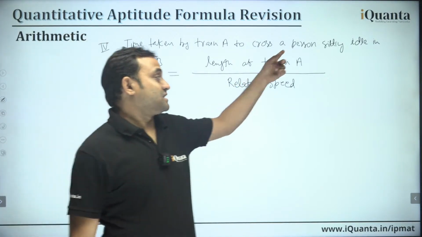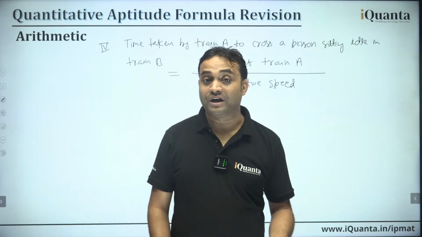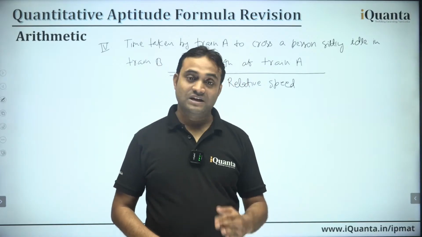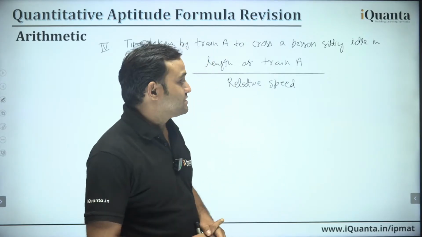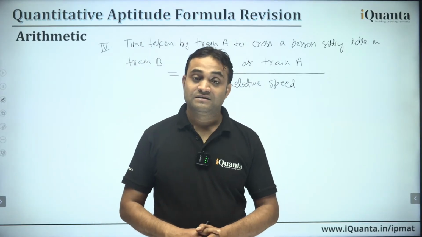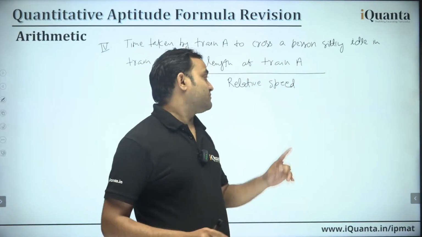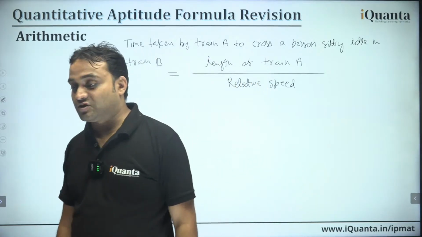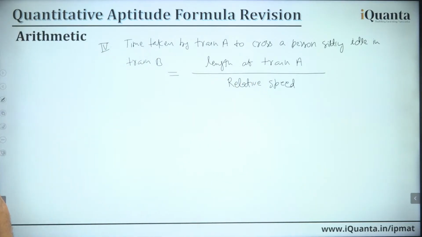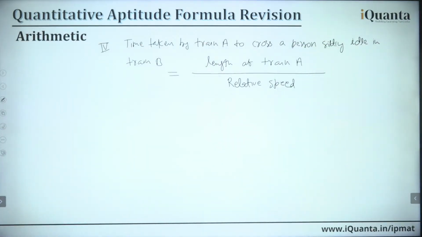Because this person sitting idle in train B is also moving with the same speed as train B. So we consider the speed of train B as the speed of this person. That's why we consider the speed of both the trains. But in case of length, we consider the length of only one train, which is crossing the other one.